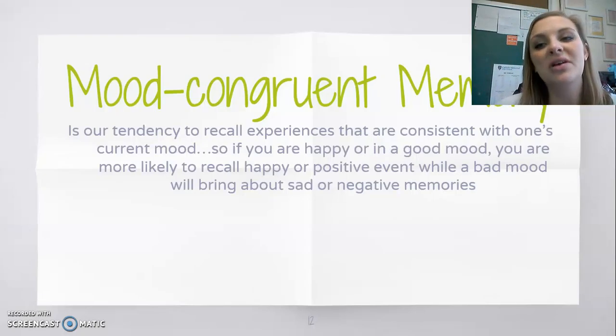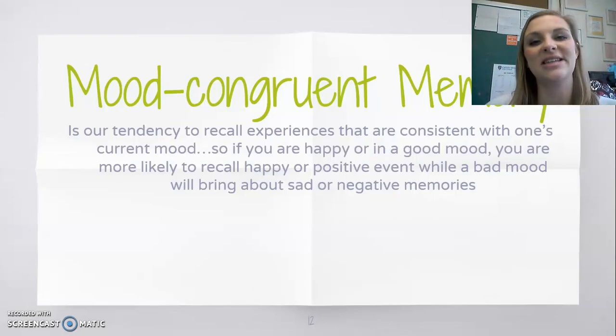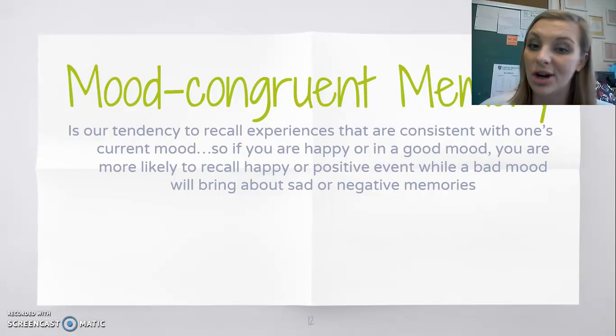And then we also have mood congruent memory. This is our tendency to recall experiences that are consistent with one's current mood. So if you're happy or in a good mood, you're likely to recall happy or positive events. However, if you're in a bad mood, you're going to bring about sad or negative events. Okay, so this is why, number one, we enjoy listening to music that is similar to the mood we are in.